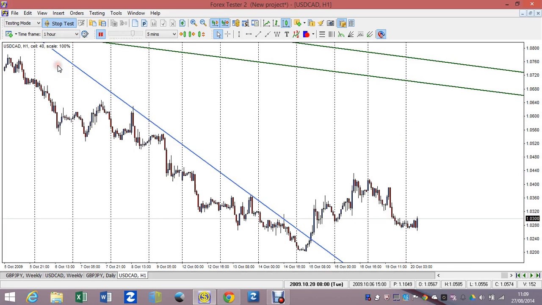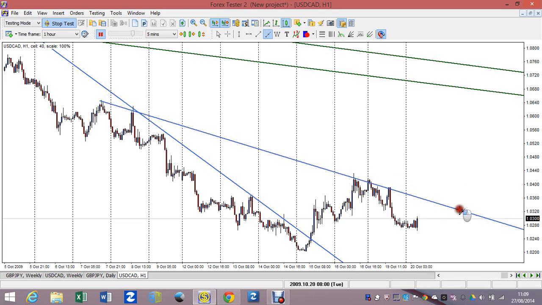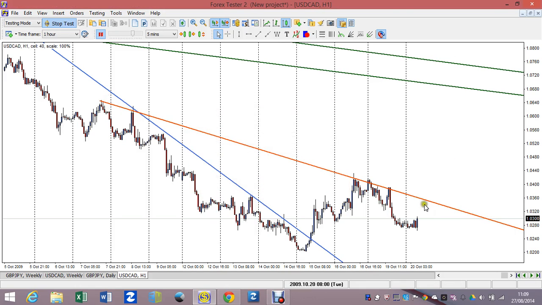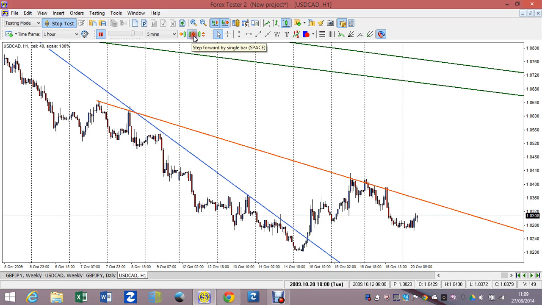What's the 1 hour giving us? Is it giving us an opportunity? I think it might be. So a break of this hourly trend line and I will be going long. So we're on the hourly chart now.